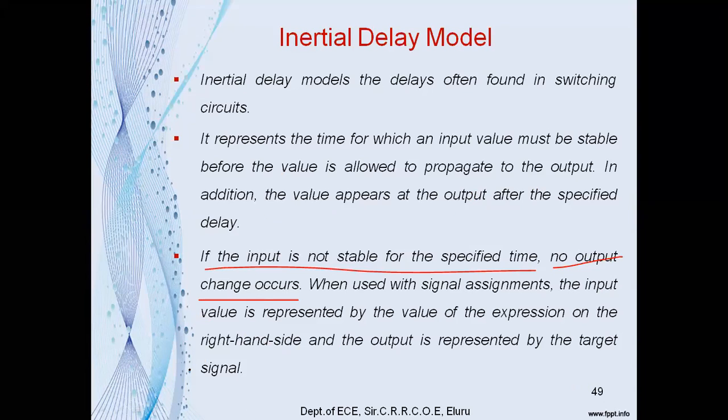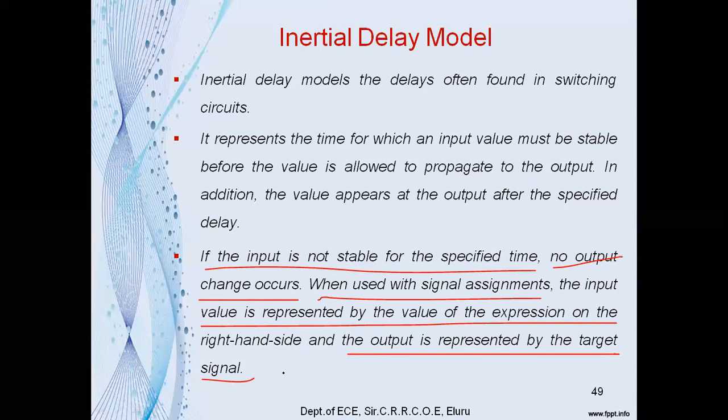And here, when used with the signal assignments, the input value is represented by the value of the expression on the right hand side, and the output is represented by the target signal, which is the output signal. And how to write the signal assignment for this inertial delay model?